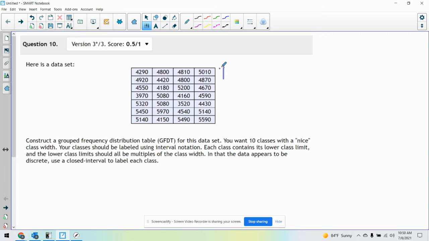So the first thing we're going to do, just like you did, is find the range. This is a pain in the butt. Let's see here. The highest number looks to be 5970, and I'm going to subtract the lowest number, which is 3520.